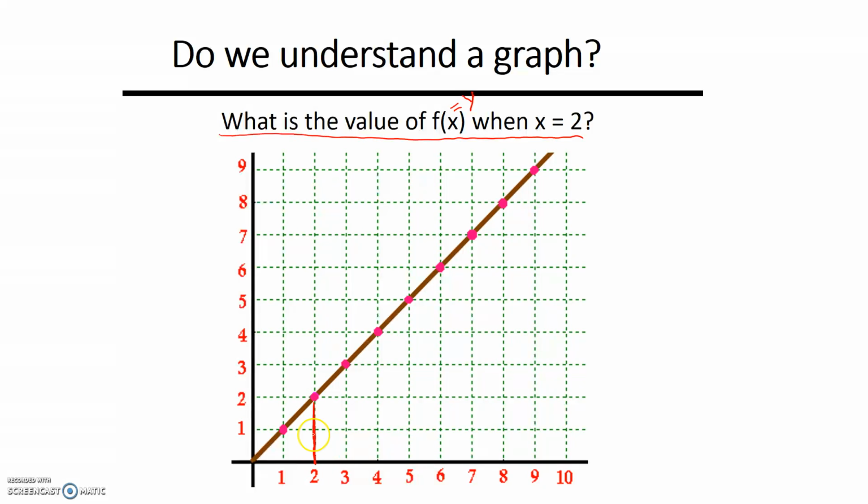If I follow this all the way up here, what is that y value? Well, that y value is also going to be 2. So f(x) is equal to 2 when x equals 2. It just happens to be a coincidence there. Okay, so that's the way that this works. Can I interpret what's going on in a graph?